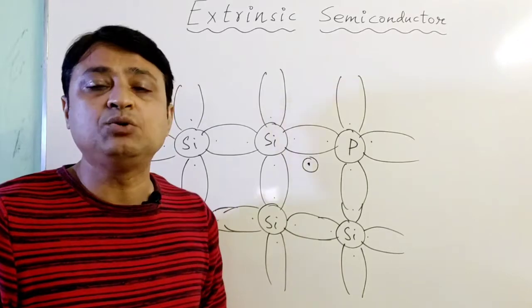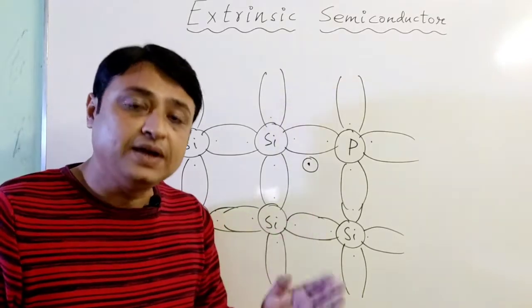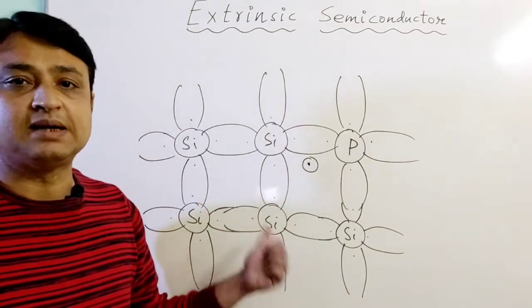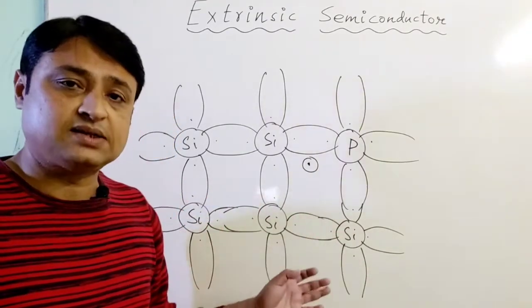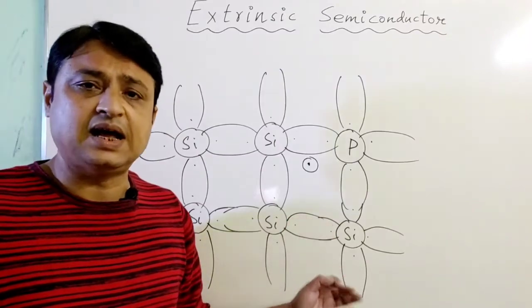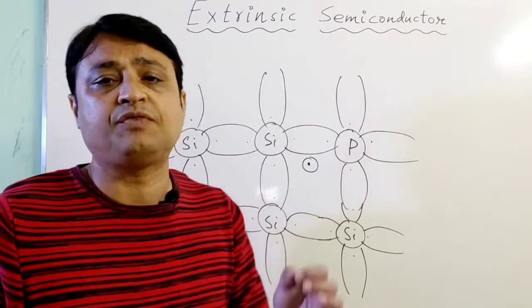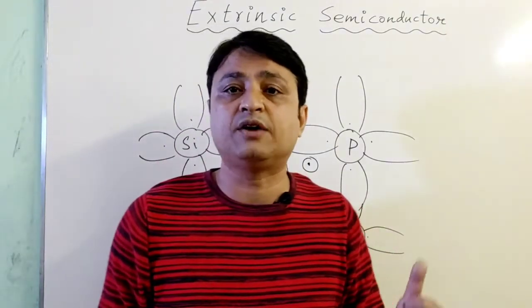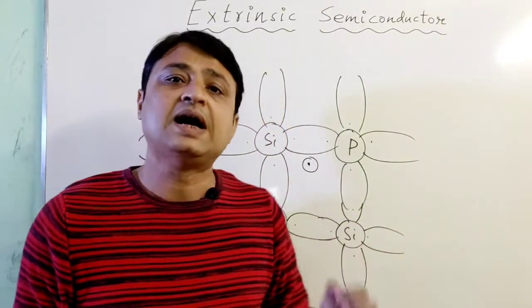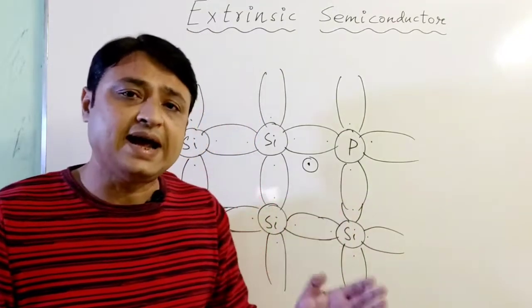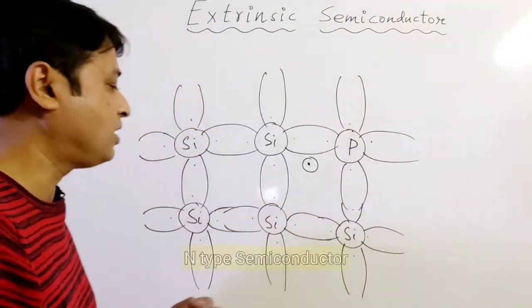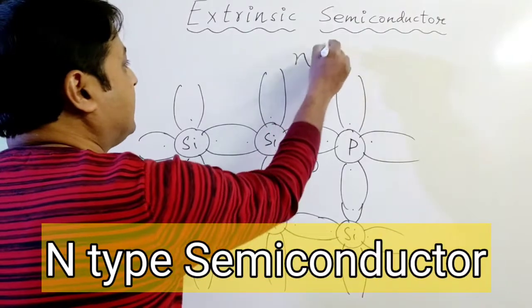We have 10 to the power 10 free electrons inside this semiconductor crystal, and as a result the silicon structure or the semiconductor crystal has a majority carrier of electrons, or a majority carrier of these free electrons, and this type of semiconductor results in an N-type semiconductor or a negative type semiconductor.